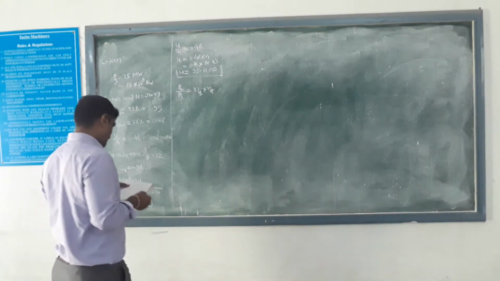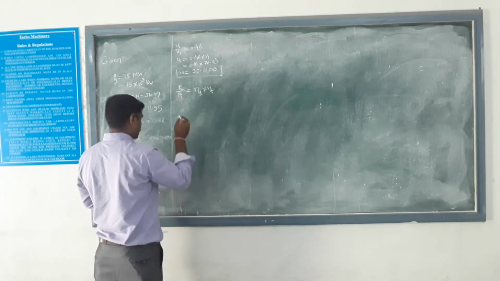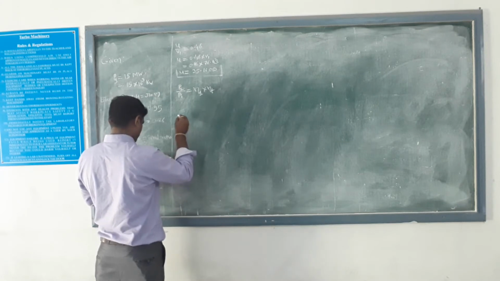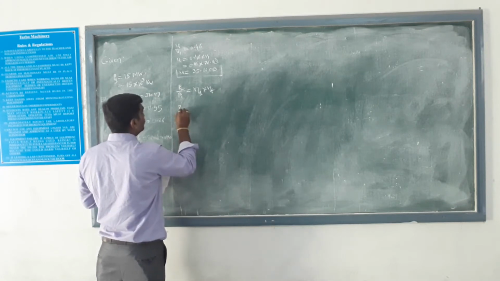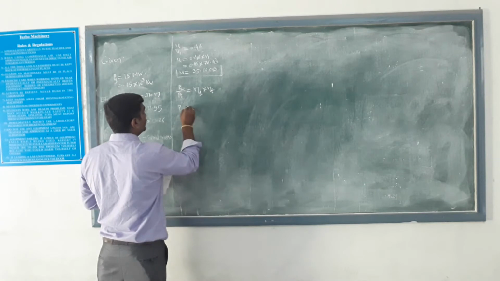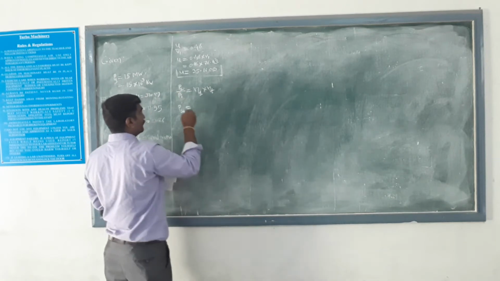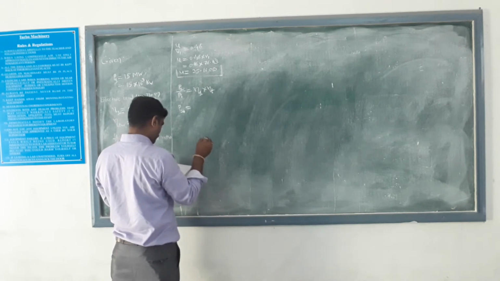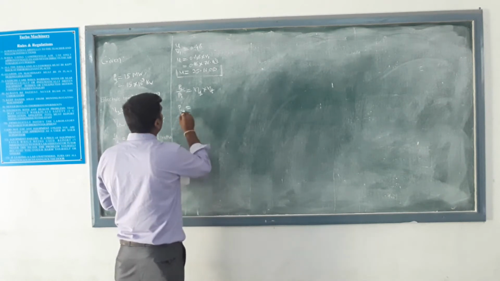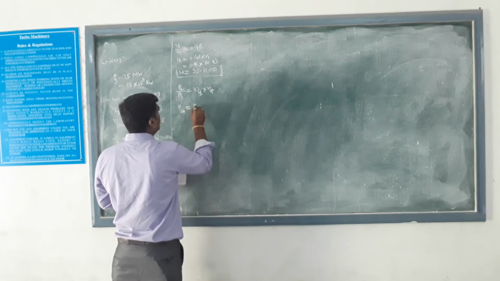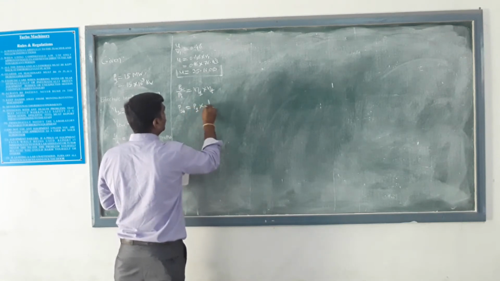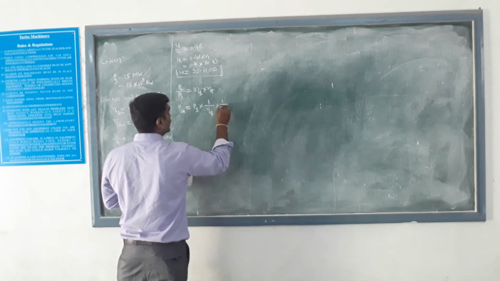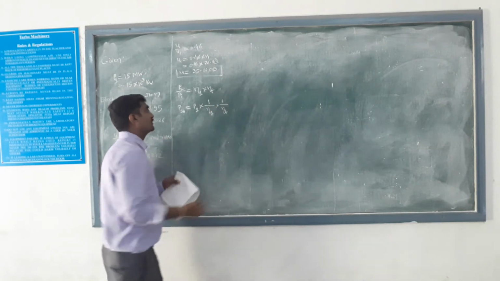From this, jet power equals generator power Pg into 1 by the efficiency.